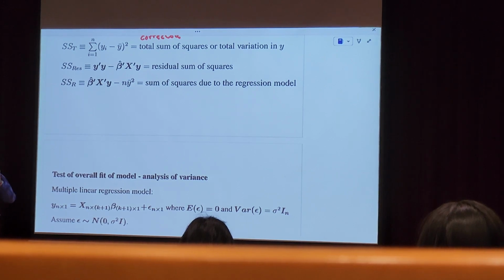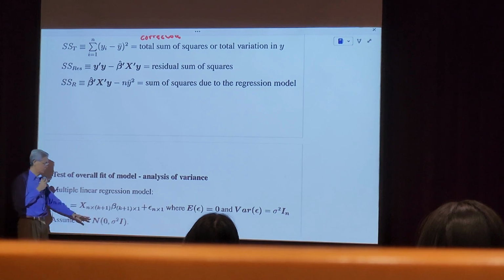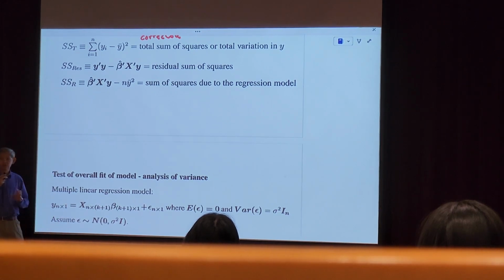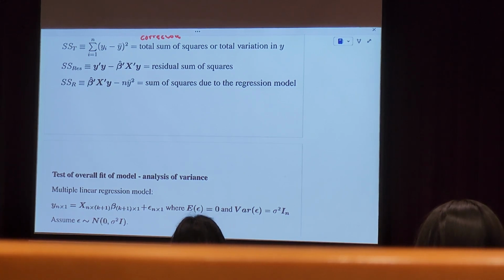In general, covariance equal to 0 does not imply independence, but for multivariate normal, covariance 0 implies independence. So the next thing to know is the degrees of freedom for each case.